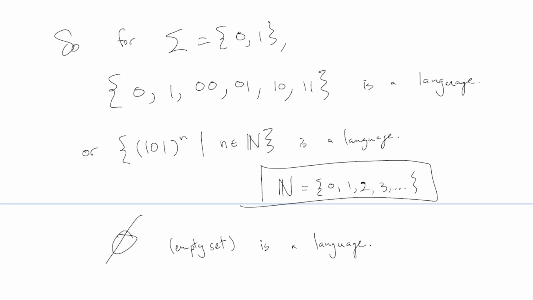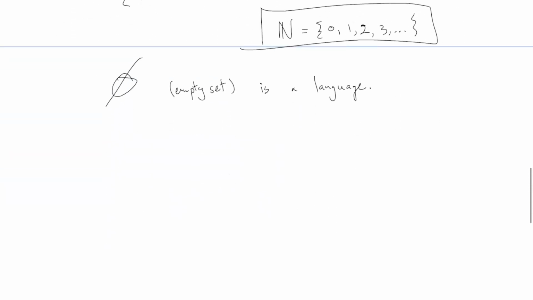It is also useful to talk about the biggest possible language you could make, and that would be just the set of all possible strings. And there's a notation for that too. I'll write this as a little definition here. It is written that way. That's a star, a kind of ugly looking star.